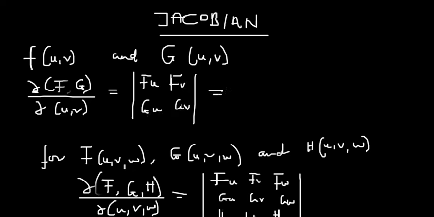From here you can notice that taking the determinant of this 2 by 2 matrix, we have f of u multiplying g of v, minus f of v multiplying g of u. Just cross multiplication. That is what Jacobian is all about, finding the determinant of either a 2 by 2 matrix or a 3 by 3 matrix. Once you get this, the topic will be very easy for you.